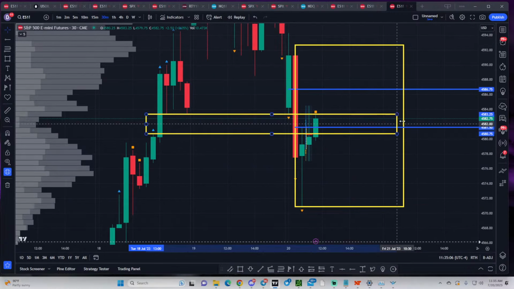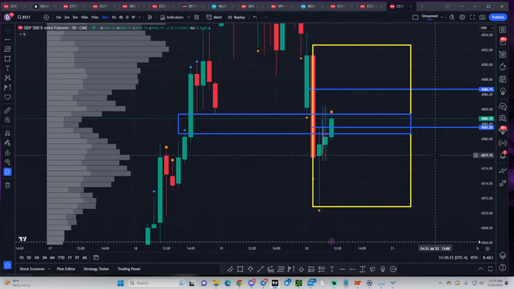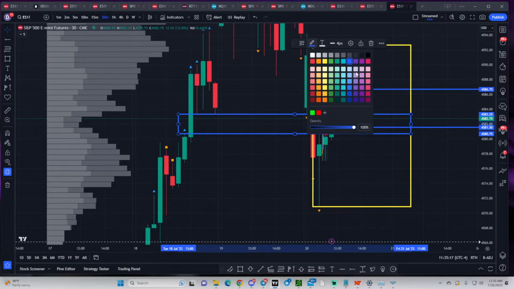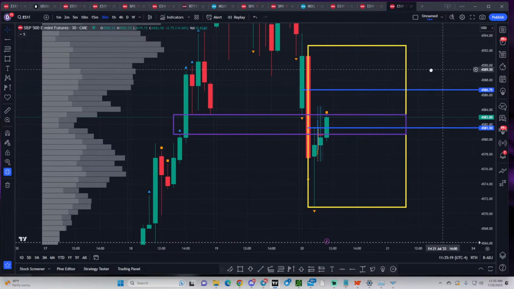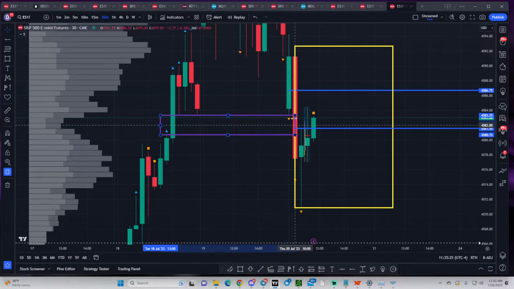And we're going to paint this differently. Let's just say it's blue. No, let's change it to a different color. Purple. That's a fair value gap there, or it was, until we traded below it.